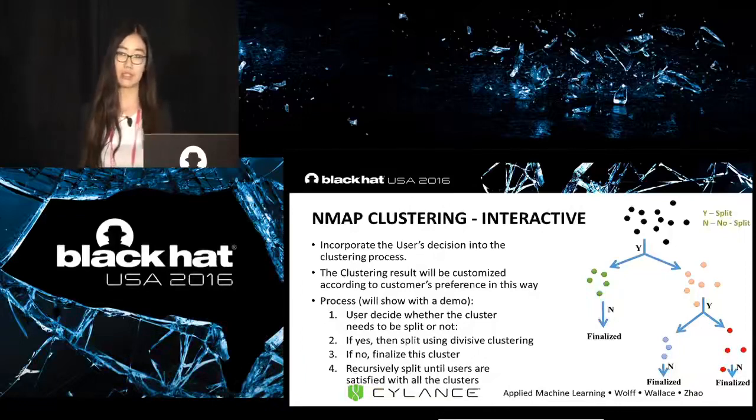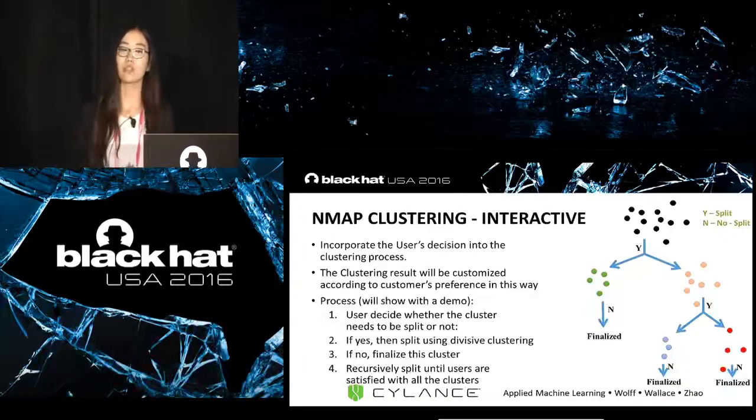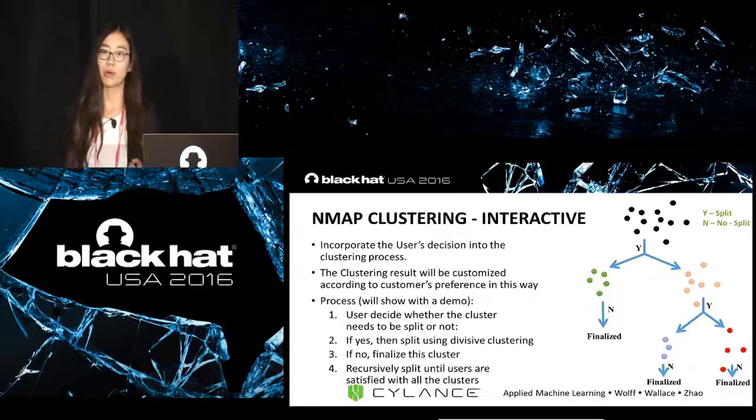So how did we do this? We start with all the samples in one cluster, and then we ask the user whether these samples should be in one cluster or not. The users have access to all the information about these samples. We will have a demo about this later, so you can get a sense of how it works.